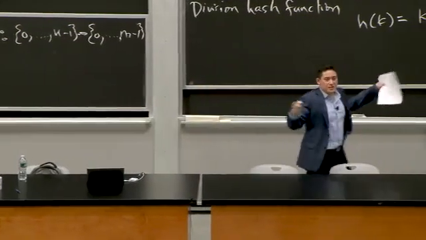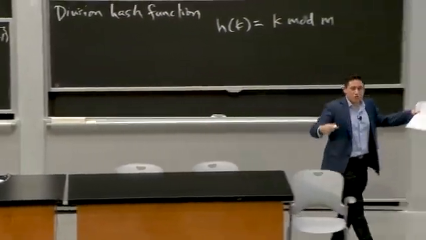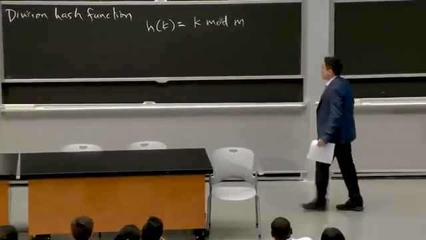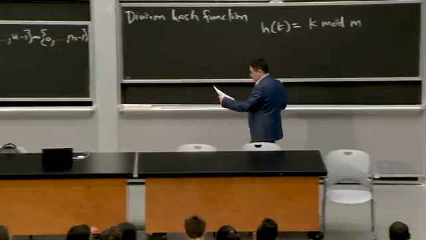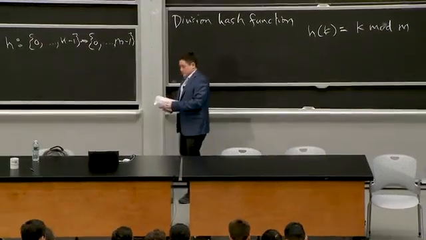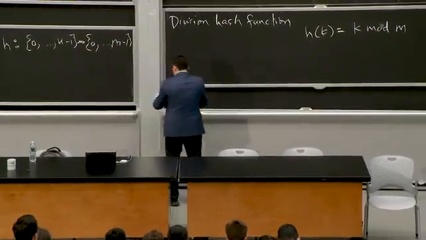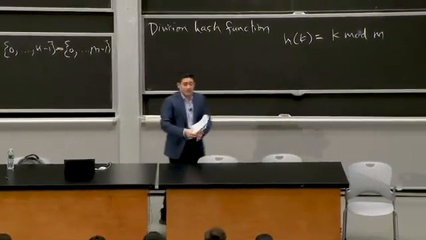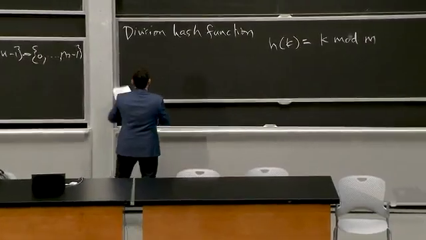But what I can do is fix a family of hash functions where if I choose one randomly, I get good performance. And so the hash function I'm going to use, and we're going to spend the rest of the time on, is what I call a universal hash function. It satisfies what we call a universal hash property.